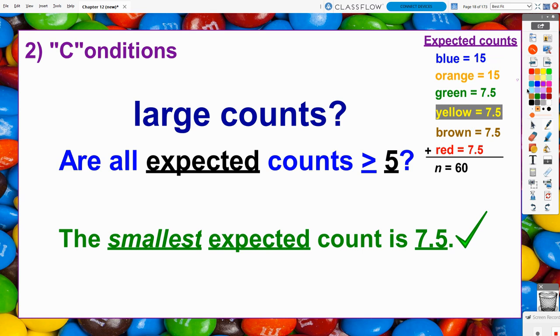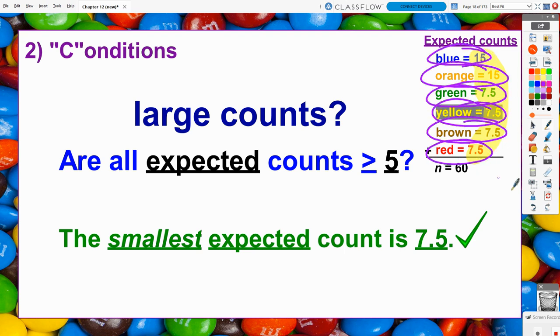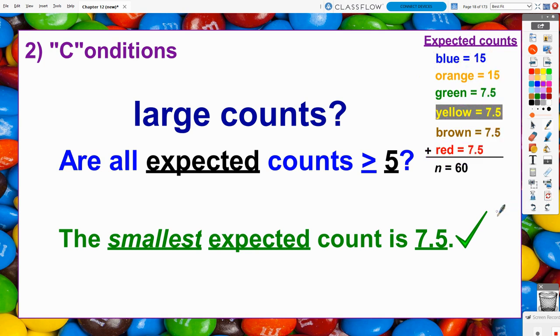Now, here's the thing. Earlier, we calculated what all of the expected counts were. And again, you have to write these out somewhere on your paper to get full credit on my test and on the AP exam. You have to list out what the expected counts are. You can't just write out 15, 15, 7.5, 7.5, 7.5, 7.5. You have to label what those expected counts are tied to specifically. Now, the nice thing is we don't have to talk about all of these expected counts.